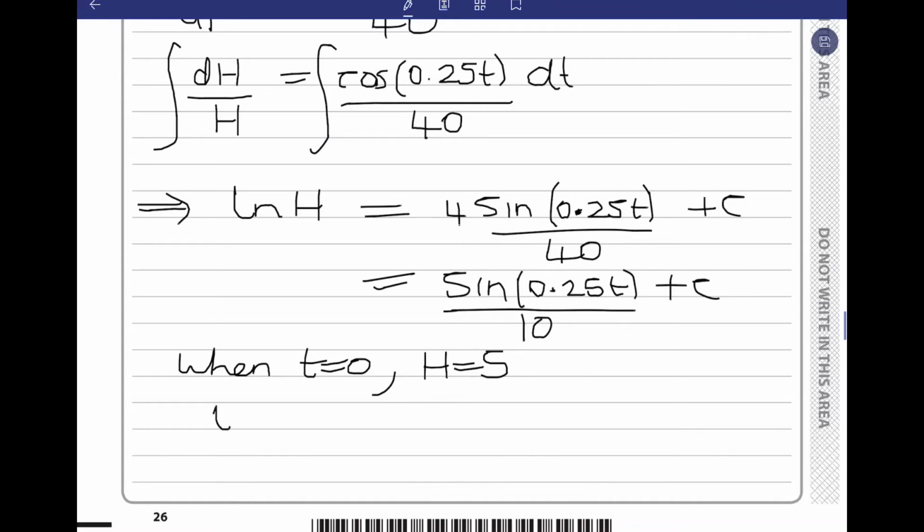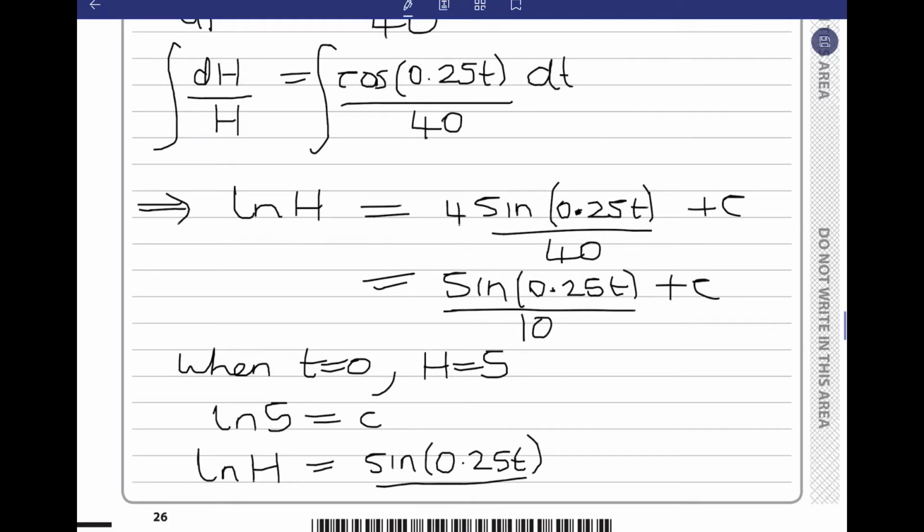So we get natural log of 5 equals, now sine of 0 is 0, so we just get that c is equal to natural log of 5. Now, plugging in c back into our equation, we get natural log of h equals sine 0.25t over 10 plus natural log of 5.